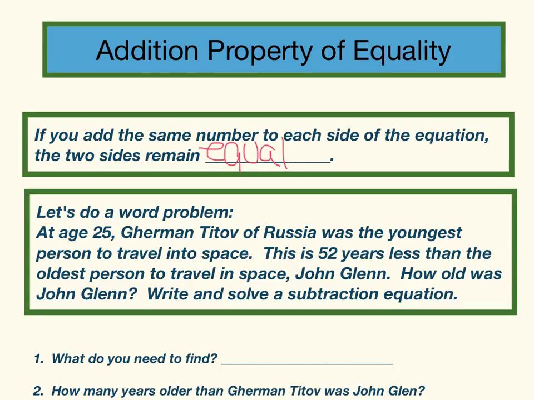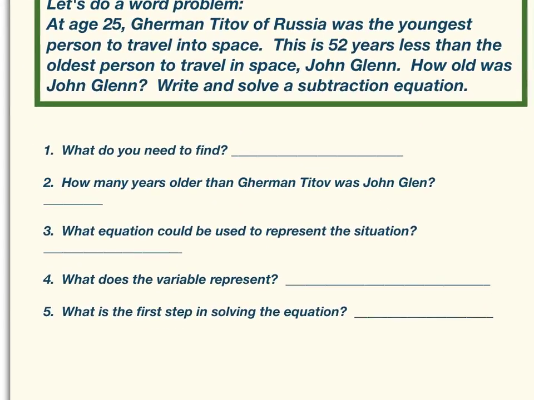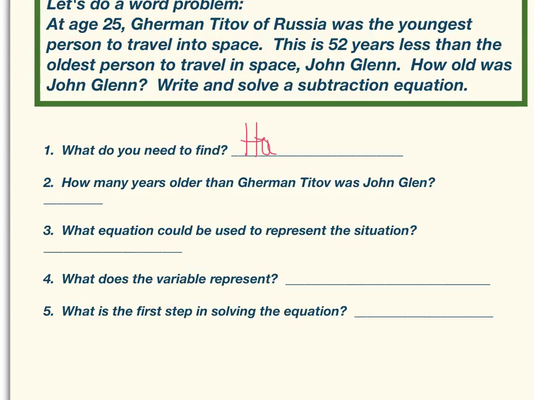Okay, so it tells you to write and solve a subtraction equation. So that means it has to be a subtraction problem. What do you know, or what do you need to find? You need to find how old Glenn was, so you can write that down. How old John Glenn was.